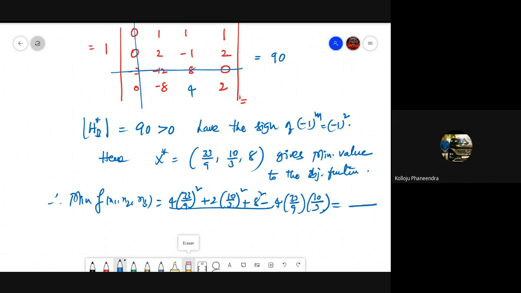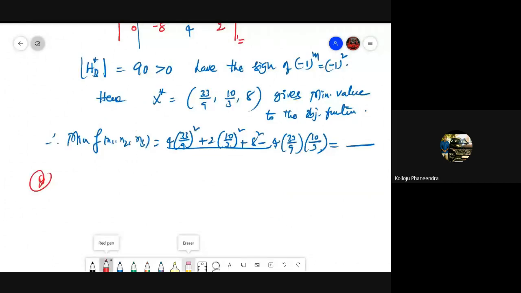Any doubts in this problem? This is with two equality constraints. And you take this problem as an assignment. Try this.